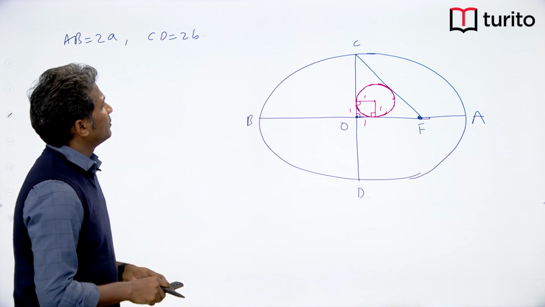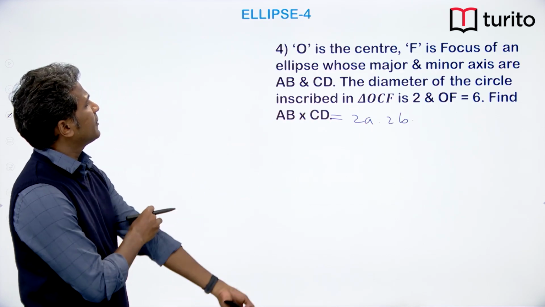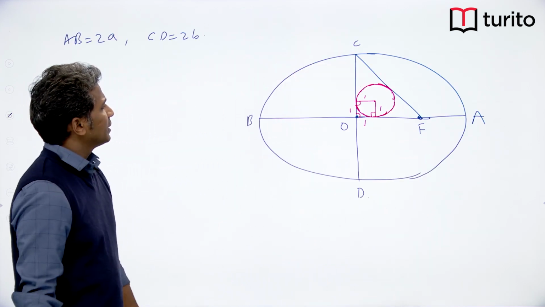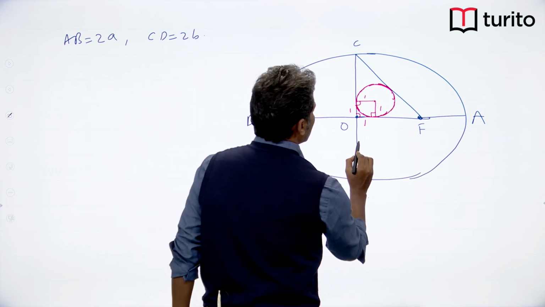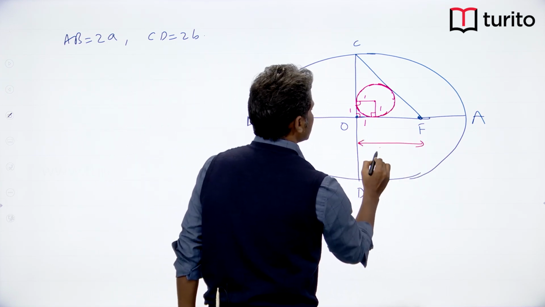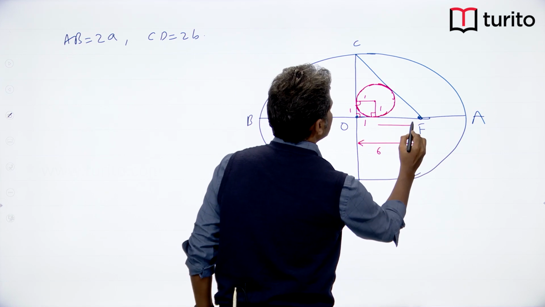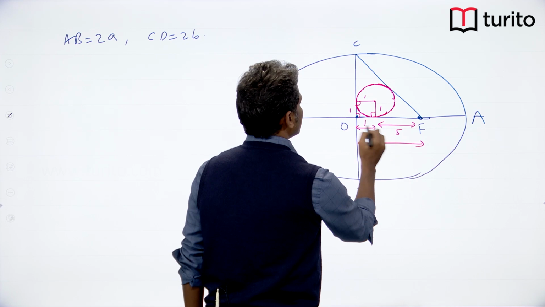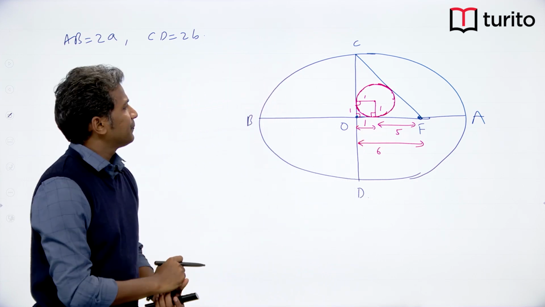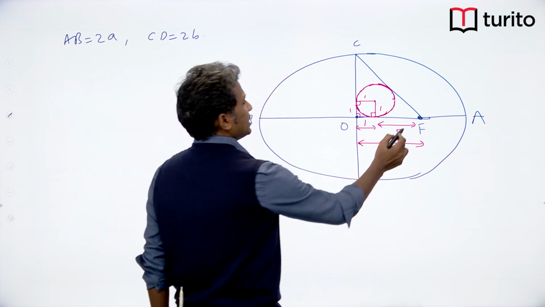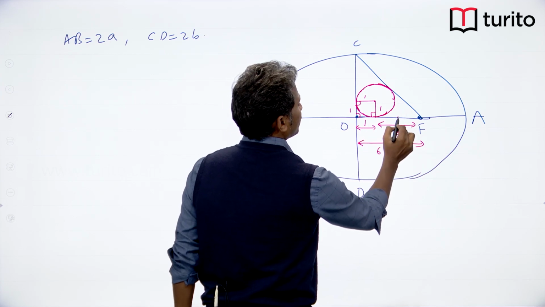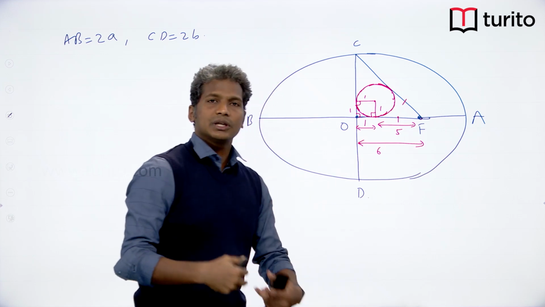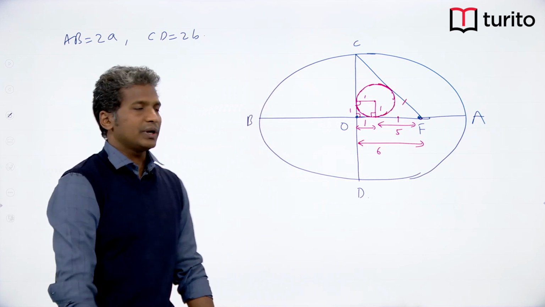Now let me see what else is given. OF is given as 6, so this entire distance is 6 units. This distance can be taken as 5 units because 5 plus 1 is 6. This is a tangent drawn from F, and this length is the same as that, because those are the tangents drawn from the same point.